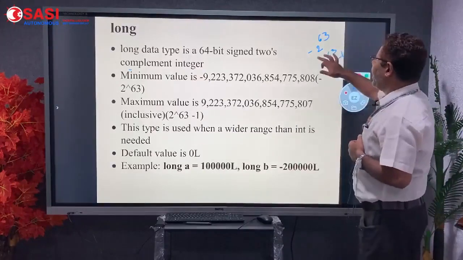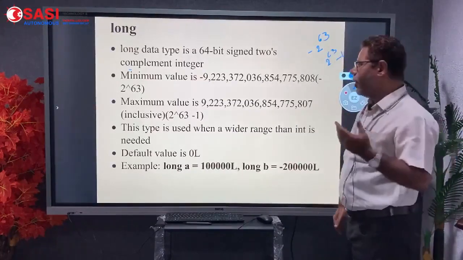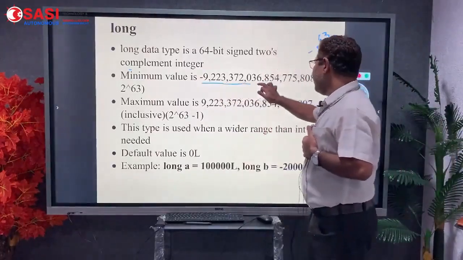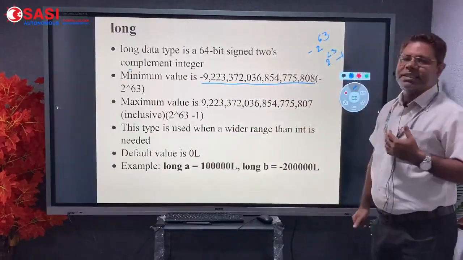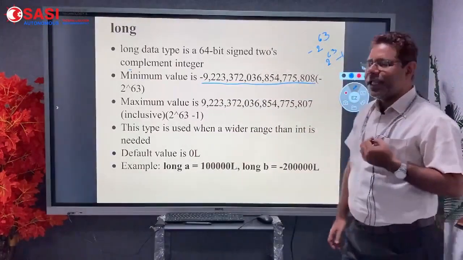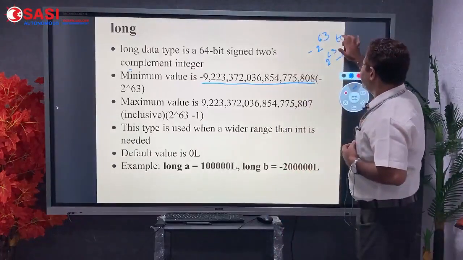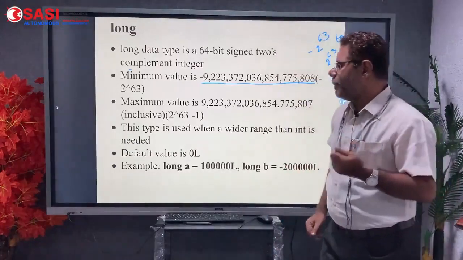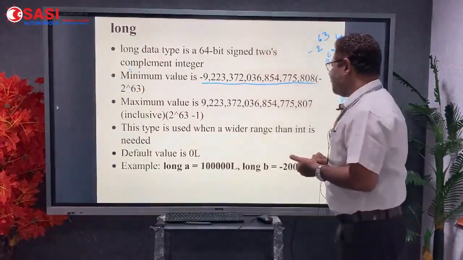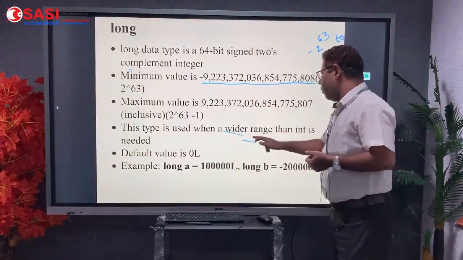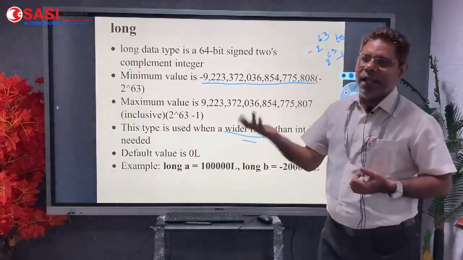So the range of the long data type is minus 2 power 63 to 2 power 63 minus 1. This type is used to store a wider range than the integer value.